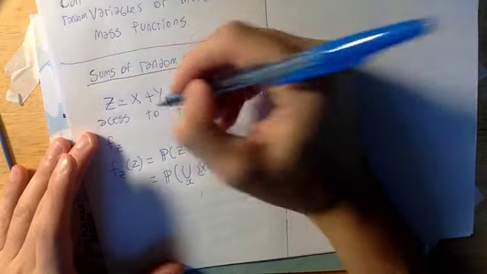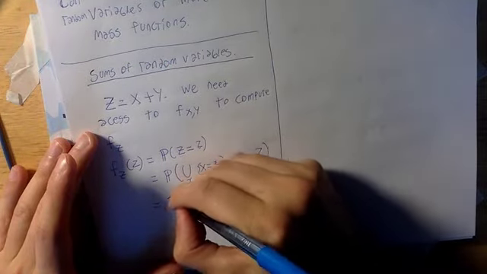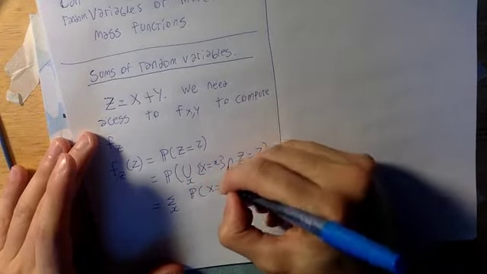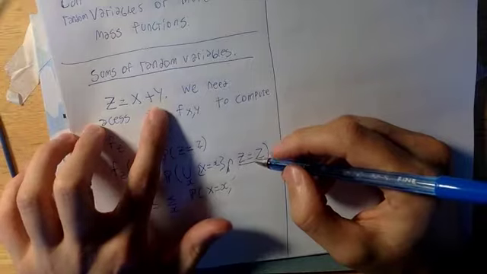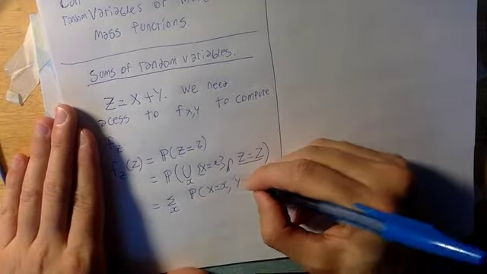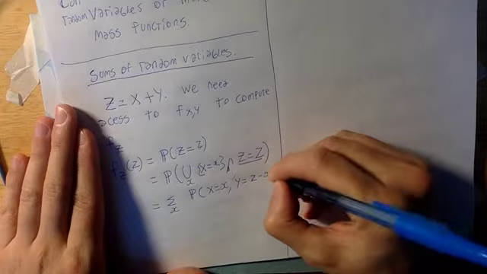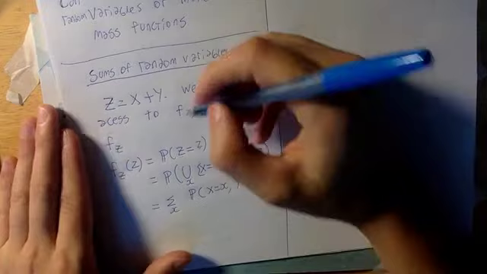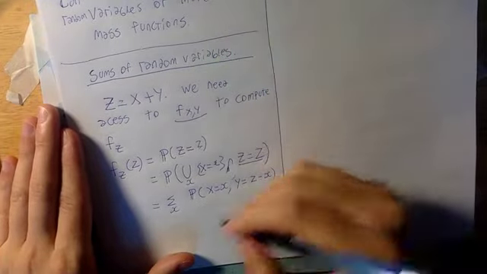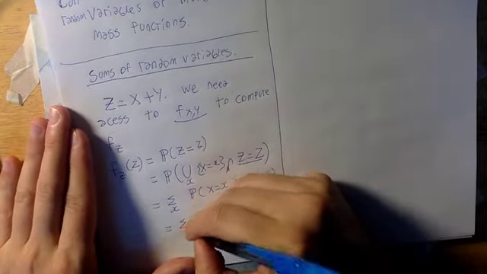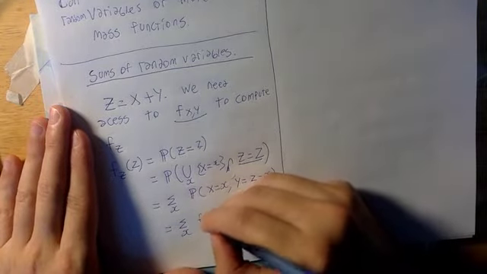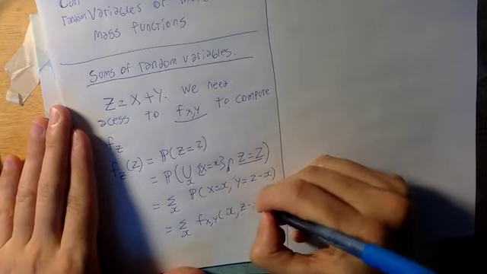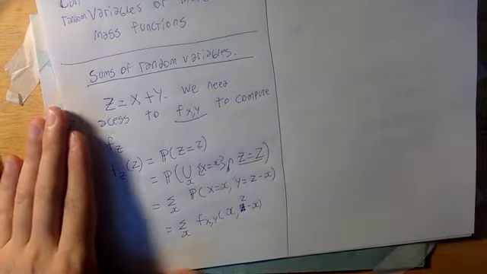So this would be the sum over x of the probability that X is equal to x, but Z equal to c is the same as Y equal to c minus x. Now if we have access to the joint mass function, this is equal to the sum over x of f of X,Y at x, c minus x.